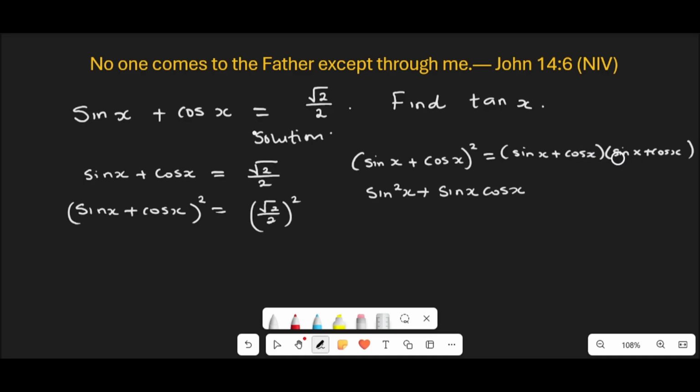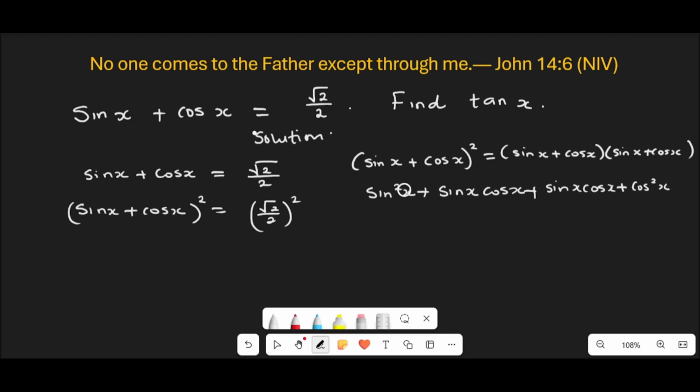Cos x multiplied by sin x, we are going to have plus sin x cos x. Cos x multiplied by cos x, we are going to have plus cos square x.